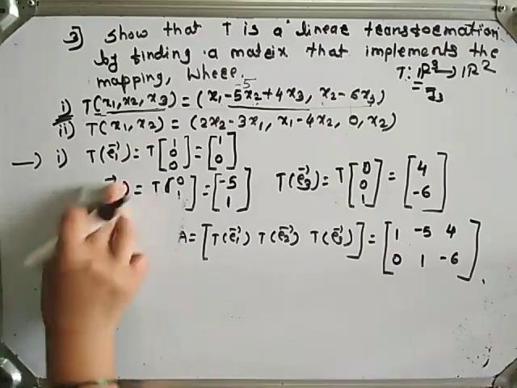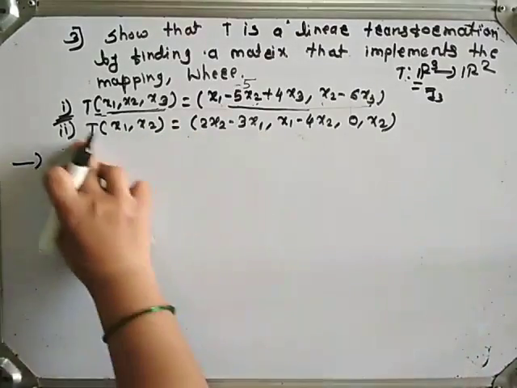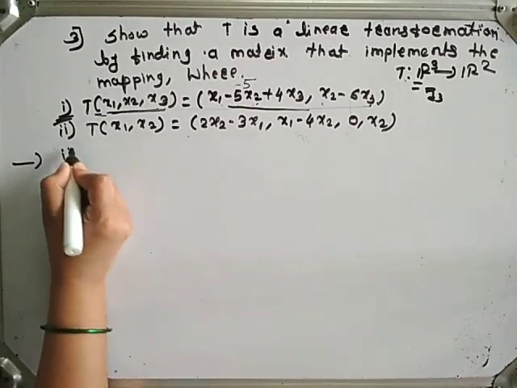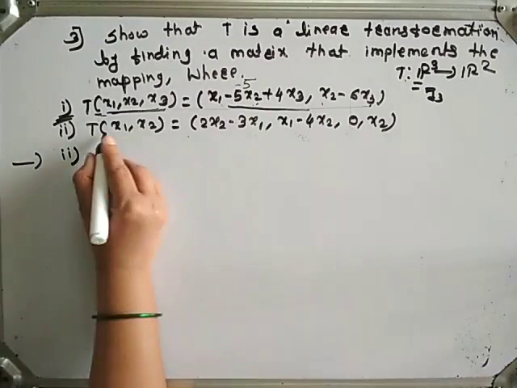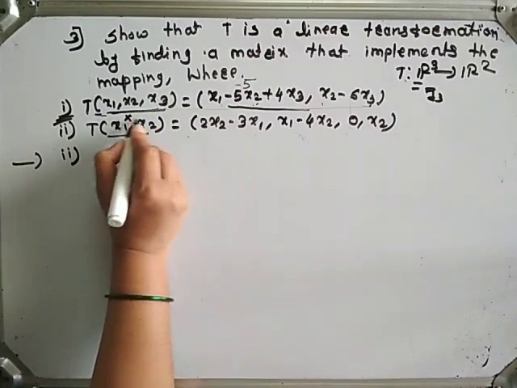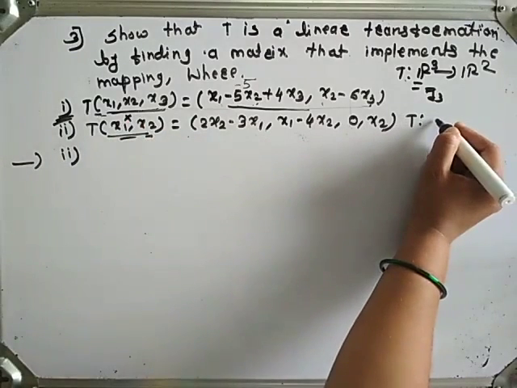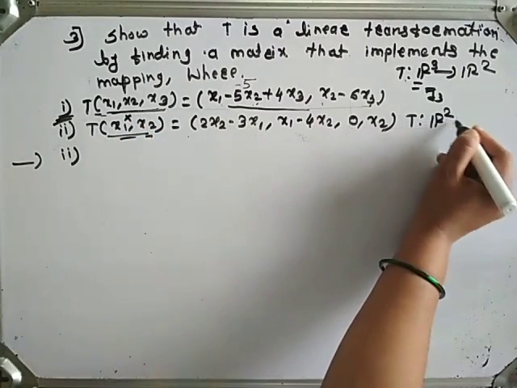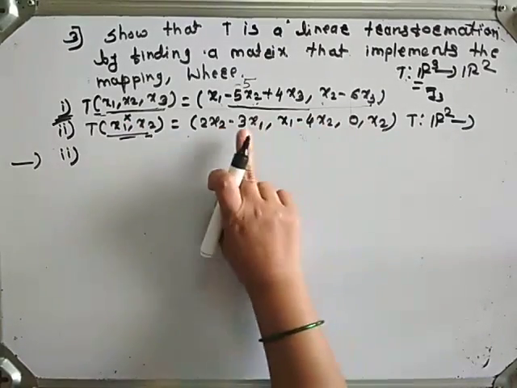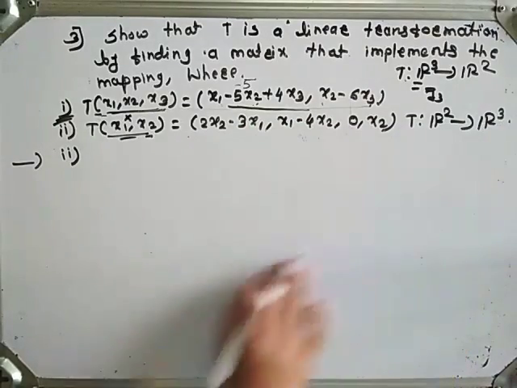Now find the standard matrix for the next linear transformation. See here, the coordinate of this vector is 2, so this is a linear transformation from R2. Here the coordinate of this vector is 1, 2, 3, so this is R3.